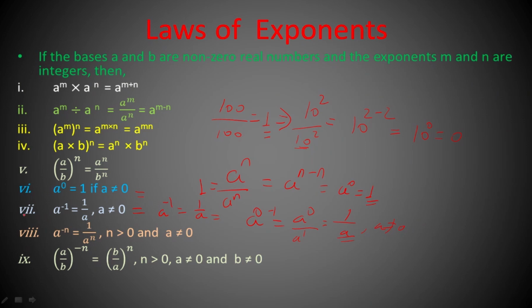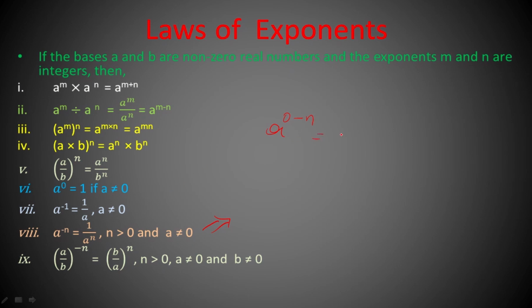So the seventh property and the eighth property are similar. The only difference is the first one is minus 1, but this one is minus n. The same is true for n greater than 0 and a different from 0. This also works for this one, which can be written as a to the power of 0 minus n, as we have seen before.